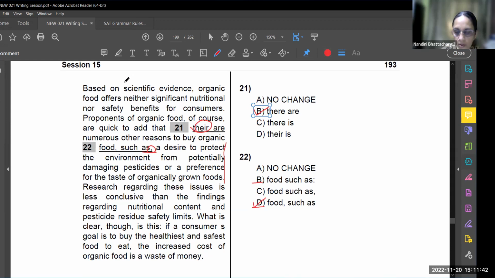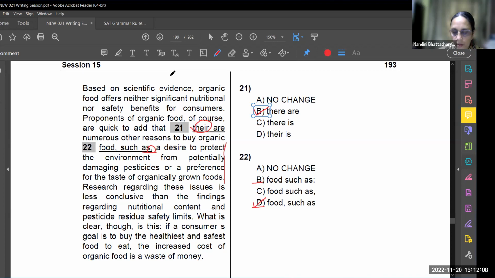So whenever you are dealing with replacing a word, first thing to do is create a blank, read the sentence and see what word or phrase of your own can fit in. Then go to the options, pick the word which is similar, go back to the sentence, plug it in and see if it is correct.